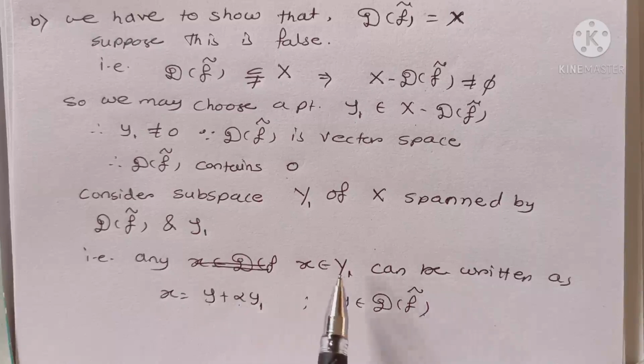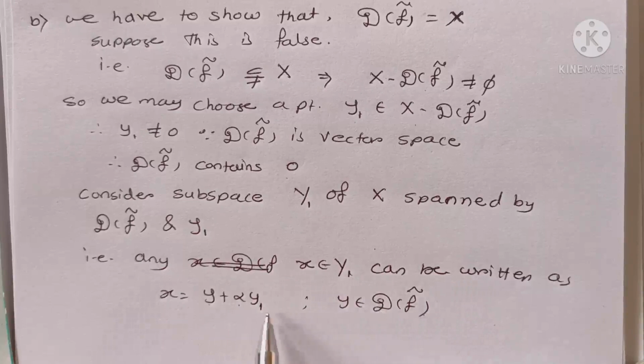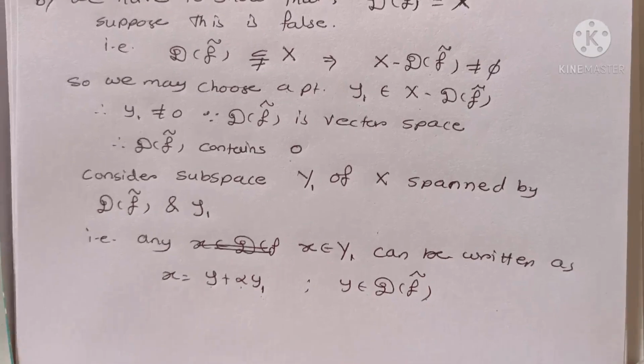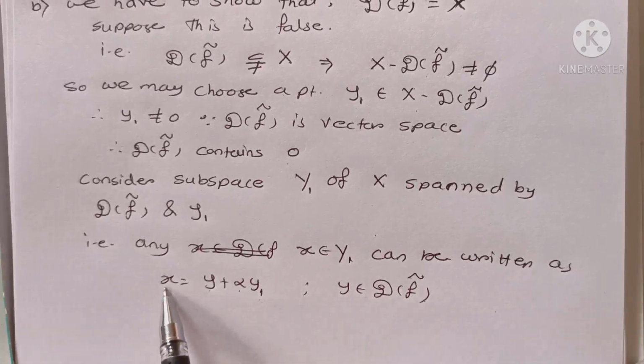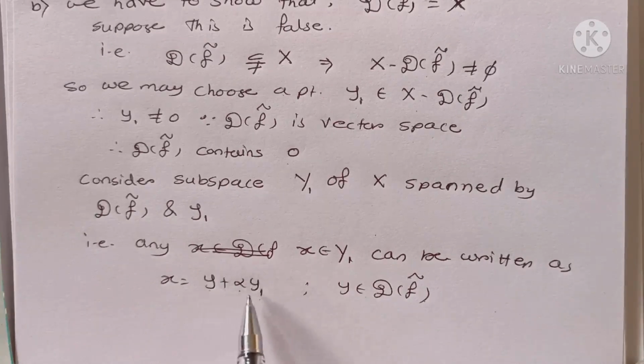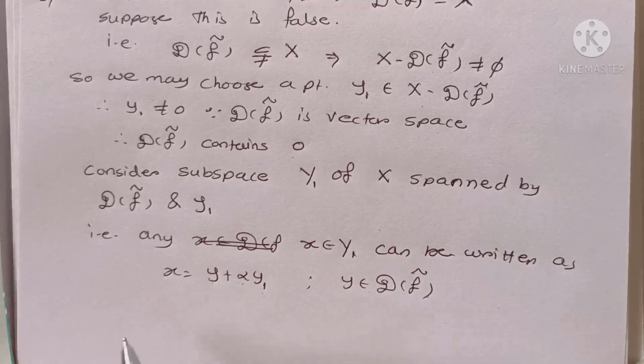Therefore every element of Y1, the subspace spanned by the domain of f tilde and the point y1, is written as a linear combination of the domain of f tilde and the point y1. Now, after defining this representation of the form y plus alpha y1, we show that this representation is unique.